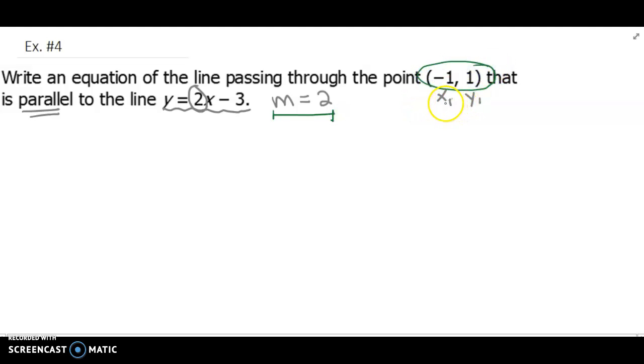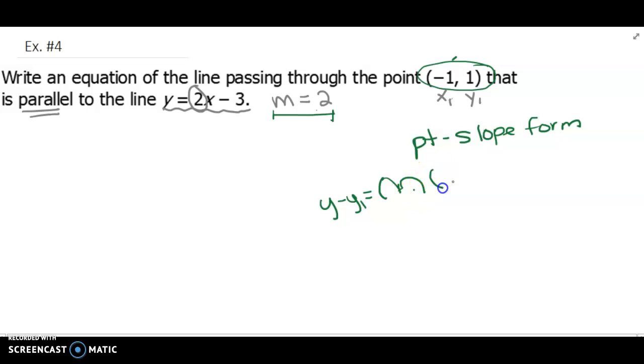So once again, I have a point and I have the slope, so I'm going to put it in point slope form. And once again, this is y minus y1 equals m times x minus x1. Notice our m is 2.